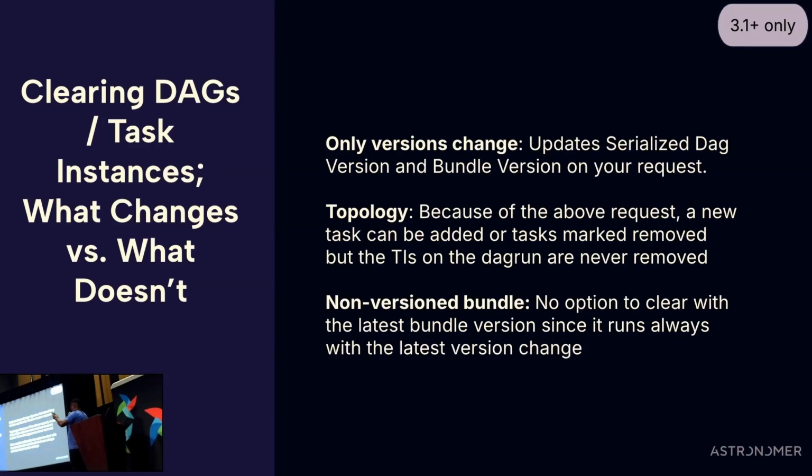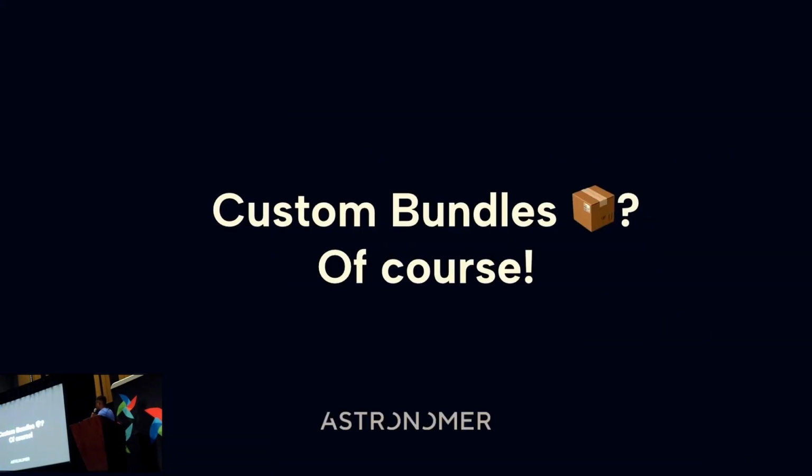But if you are clearing and the latest version is just 2 tasks, but the old one has more tasks, what's happening is we mark the task instances as removed, but we don't delete the task instance from the run. So main version bundle doesn't have this option. It's only for version bundle.